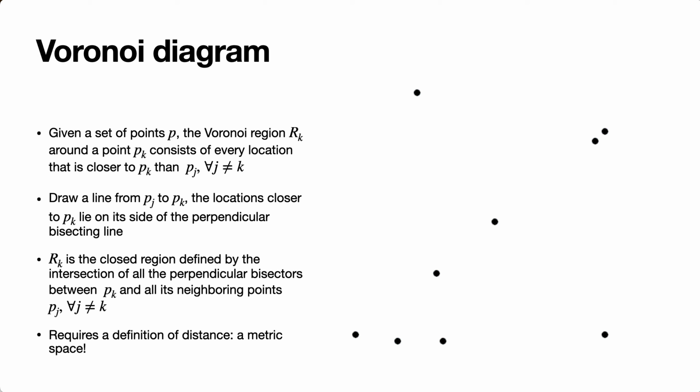Okay, so given that we've got a set of points and we want to cluster them, it might be useful to know where in space is closest to one of these points. If I place a new data point here, which of these prototype vectors is the closest to my new data point?